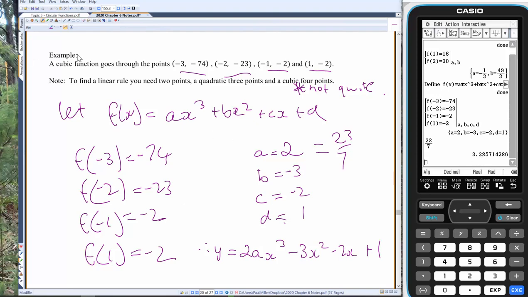So that's the real weakness of the statistics method.